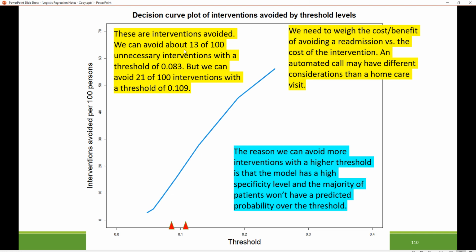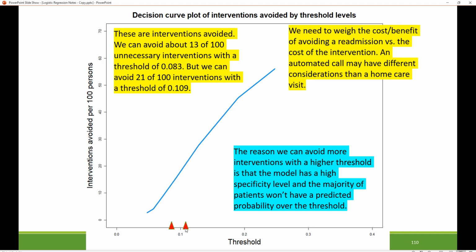So these are interventions avoided. We can avoid about 13 of 100 unnecessary interventions with a threshold of 0.083. So that's that first red triangle. If we look up, it goes up to about 13. But we can avoid 21 of 100 interventions with a threshold of 0.109.